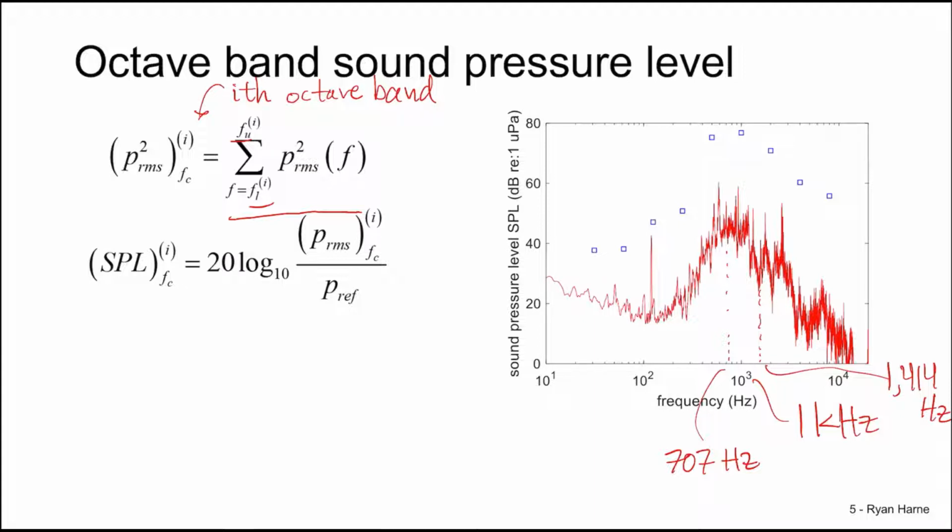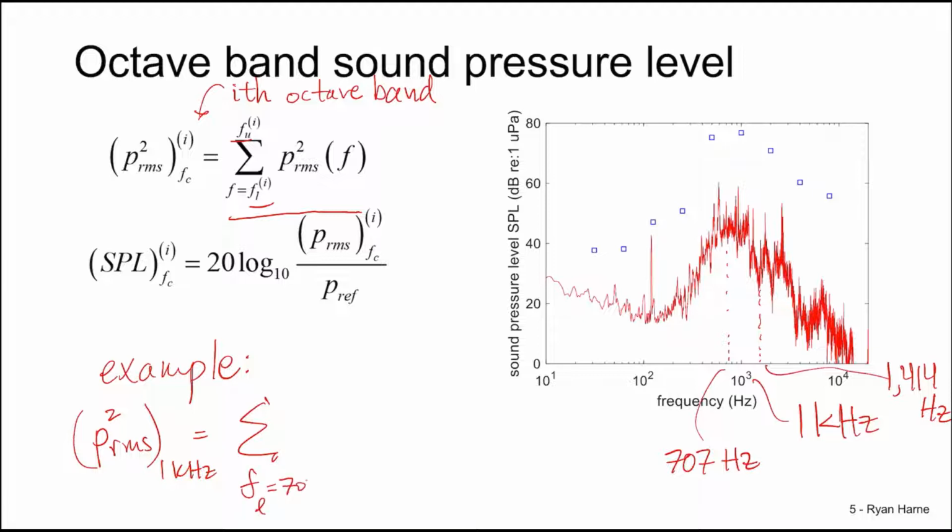We see in this example that to find the p squared RMS for 1 kilohertz, we must sum from 707 hertz in our narrow band plot of red data up to the upper limit of 1,414 hertz of the p RMS squared pressure for each frequency increment in between the lower and upper frequencies.